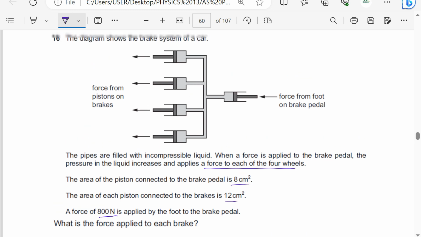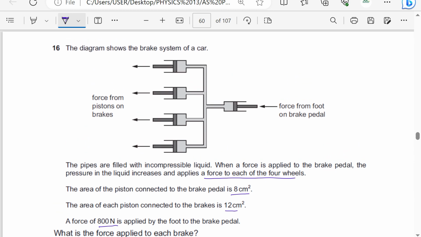I want you to notice that pressure due to the liquid remains the same at all points. So this one is applying a force of 800 newtons in that direction. And know that pressure is equal to force over area. So looking at the brake pedal, we can find the pressure there.